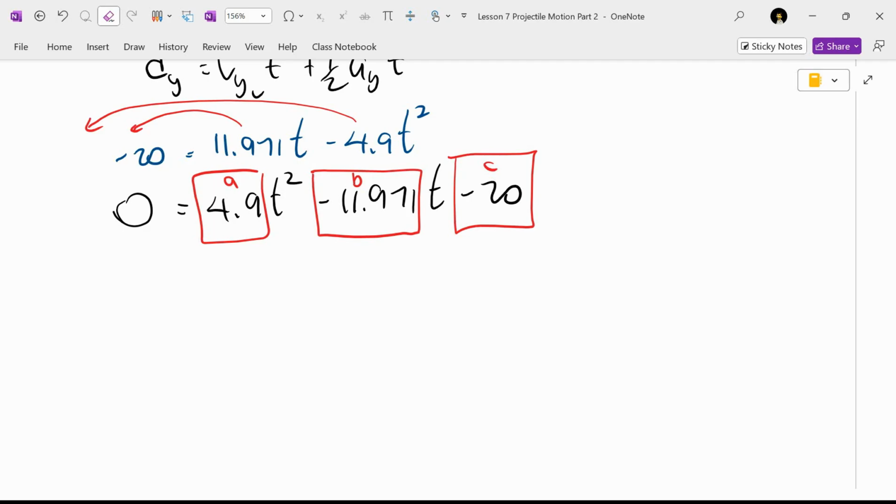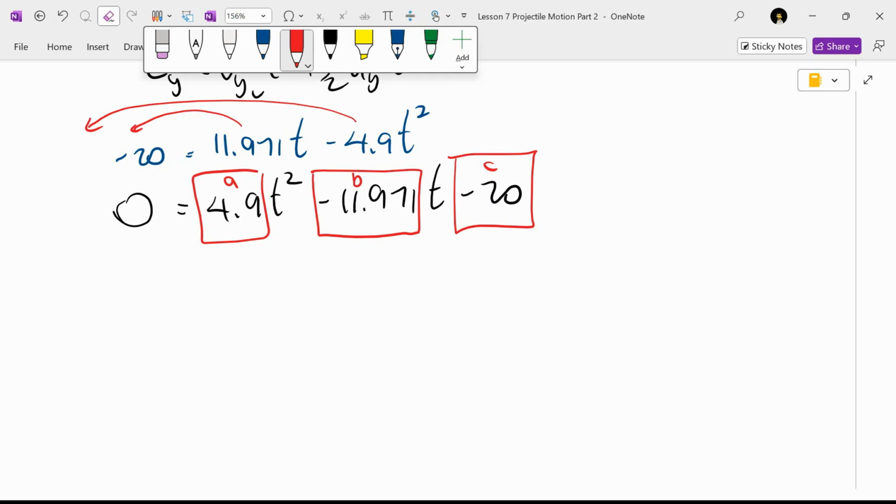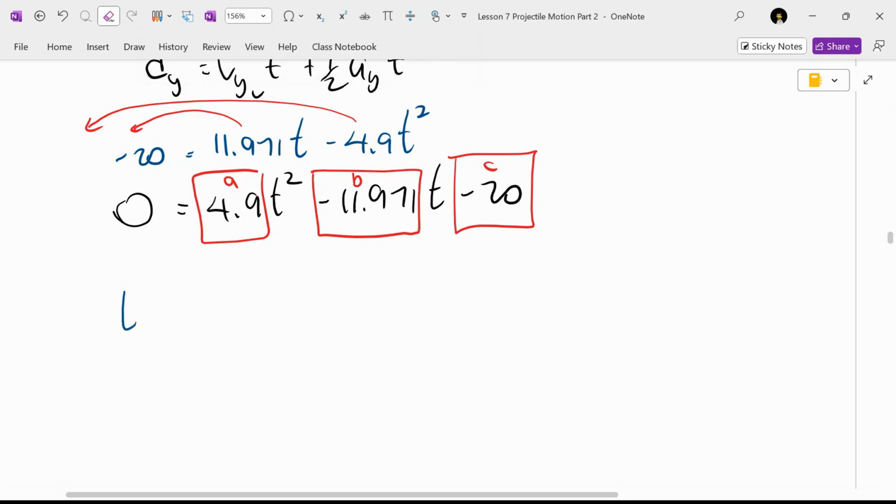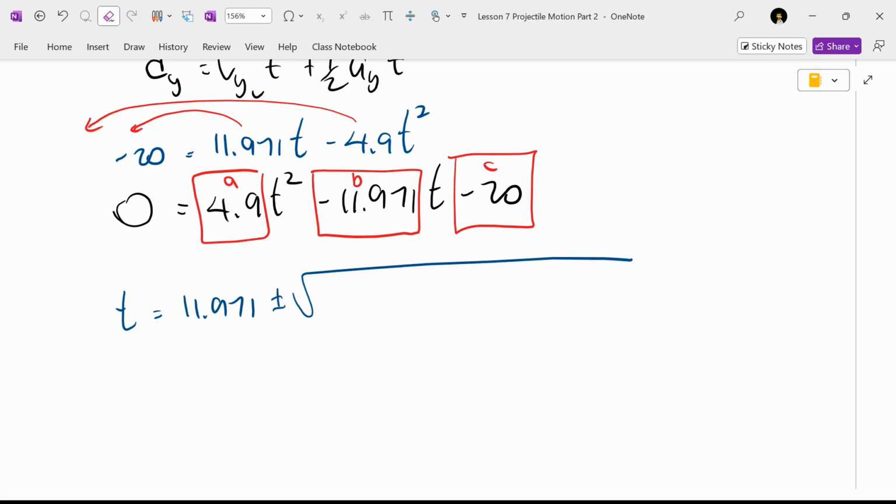Okay, you got that? Let's write out the quadratic formula, which is on the back of your formula sheet if you've forgotten it. It's t equals negative B. It's on the back of your formula sheet. Positive 11.971 plus or minus the square root.